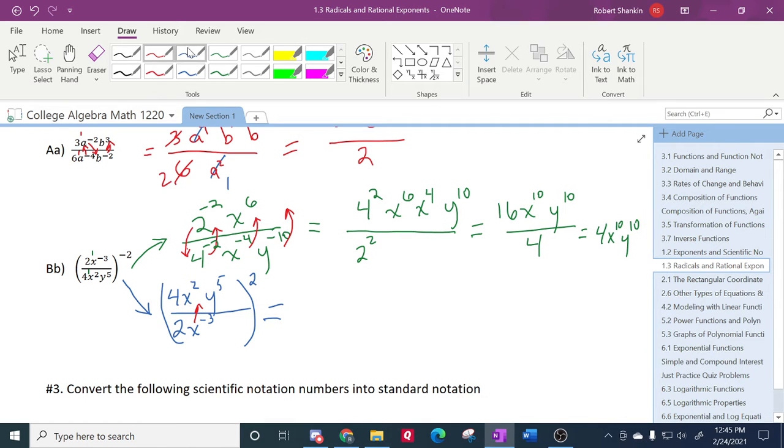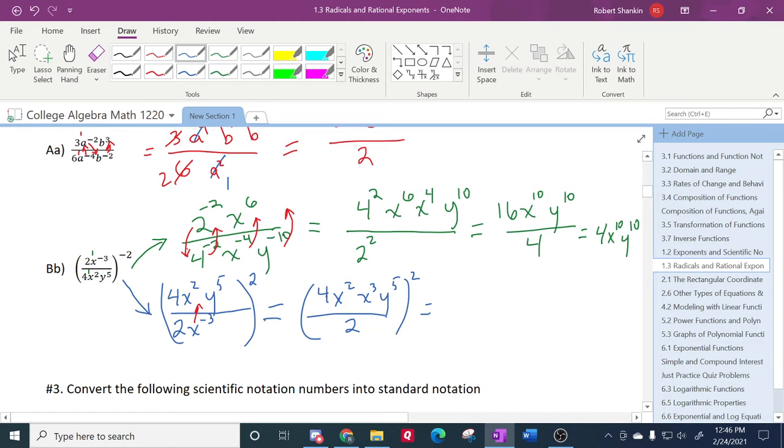There's just so many different ways you could do this. All right. So then this becomes 4x squared x cubed y to the 5th over 2, all of that squared.